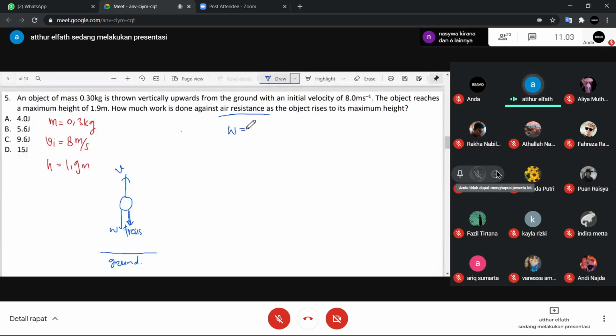We cannot use mechanical energy because there is air resistance, so we have to use the other formula. The other formula is W equals change of kinetic energy. Change of kinetic energy means final kinetic energy minus initial kinetic energy.